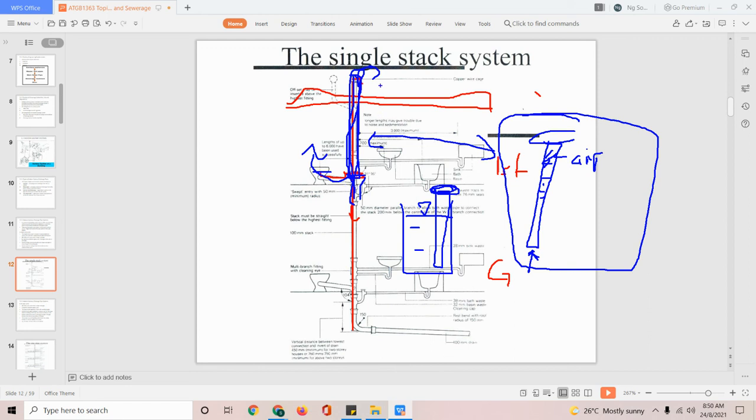This is the reasoning why we need a ventilation pipe. It's just an additional extension of this. Either that, or at the bottom here we can install an additional pipe out, but this is in a situation where there are no other appliances that can go into here and flow out.